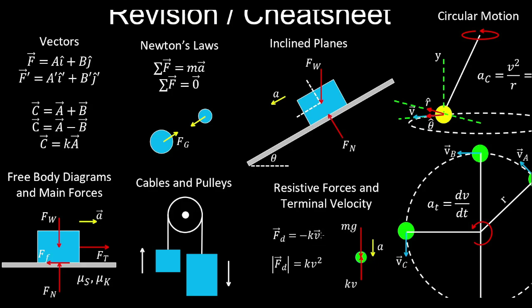And know the drag forces, which are the resistive forces other than friction. So if you have linear drag, you use the first expression, and in the second expression, you have parabolic drag, where the magnitude of the drag force is proportional to the square of the speed of the object. And know how to construct a differential equation.